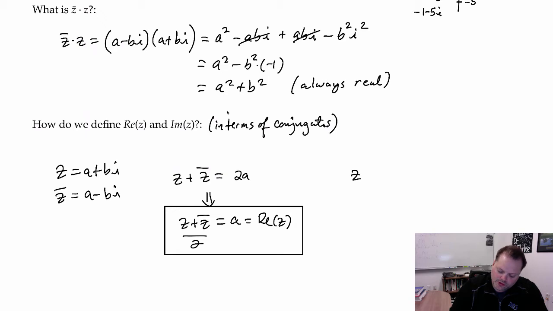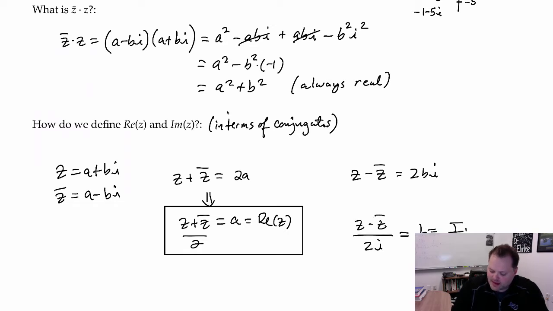Similarly, if you were to subtract a complex number and its conjugate, what you'll notice is the a's cancel. So subtracting these two, the a's cancel, and you've got b minus negative bi, so it would be 2bi. So if you want to solve this for b, you would divide by 2i.